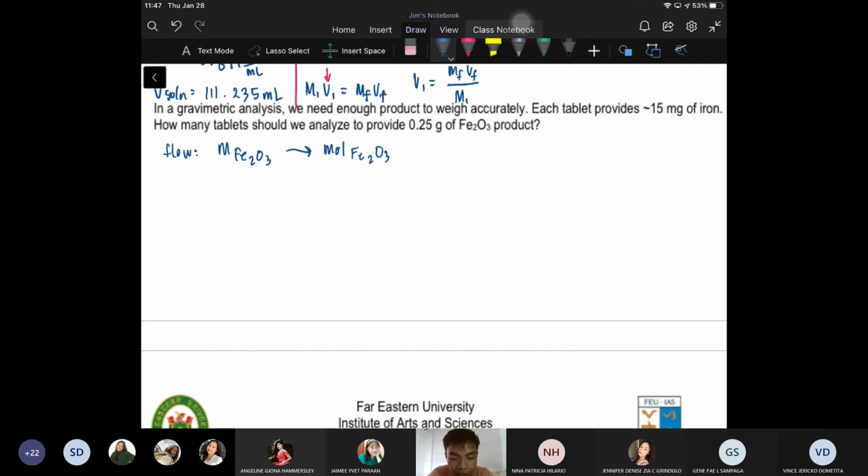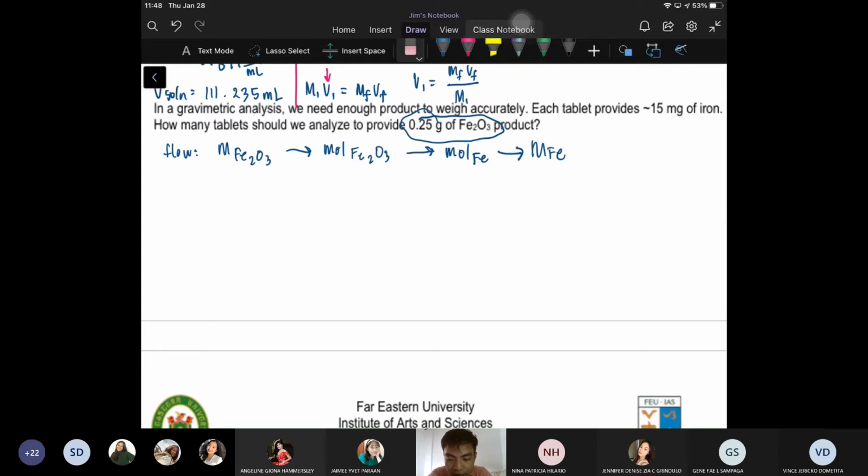Okay? So convert muna natin siya into moles of iron 3 oxide. Then ano susunod? Yung mole ng iron 3 oxide, we will convert that into moles of iron. And then, we will compare the moles, hindi pa pala. Yung mole ng iron, ko-convert natin into mass ng iron, yung mass ng iron na kailangan for the reaction. That is equivalent to this mass.